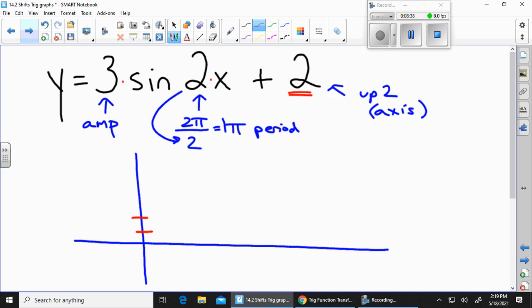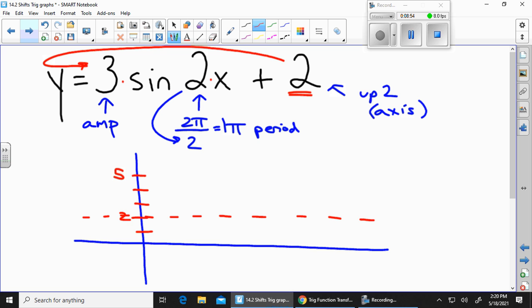So I'm going to go up 2, and I'm going to put a dash line. After I do that, go to here. Amplitude is 3. Up 3 to 5 from 2. Down 3 to -1. So I really have 3 numbers there.